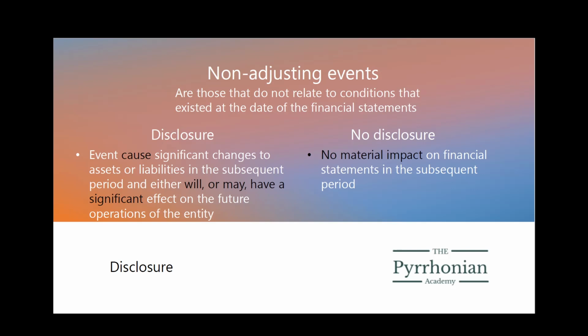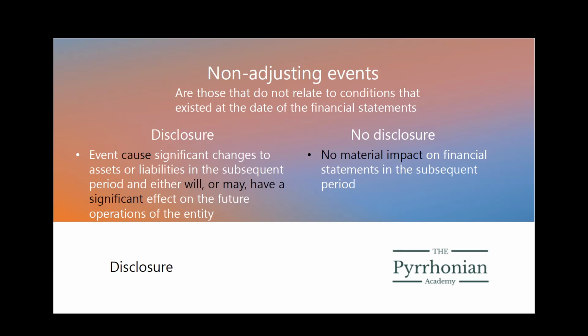The standard says that every event that causes significant changes to assets or liabilities in the subsequent period, and either will or may have a significant effect on the future operations of the entity, should be disclosed by note if it occurs after the reporting period.